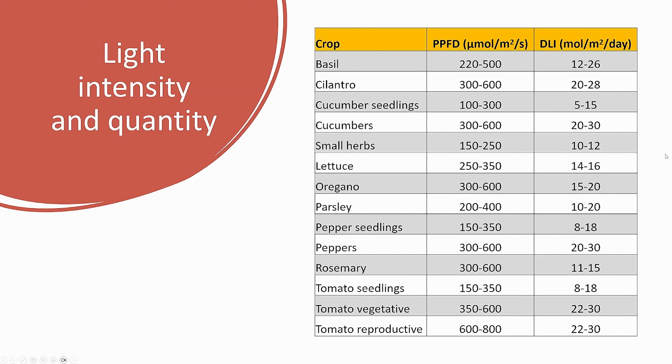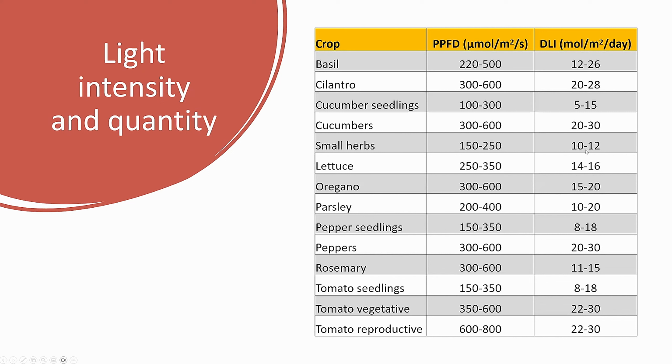Second, if you go way over this value, you can damage the plants. And sometimes you're going to see that the plant growth is going to decline if you go over that. So just the intensity at a certain distance, you want to keep an eye on that.